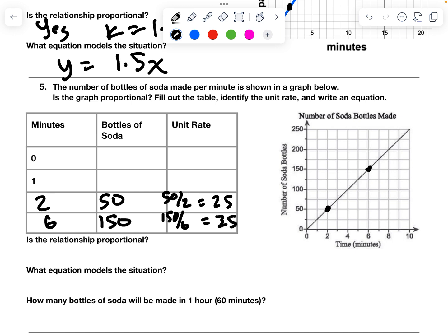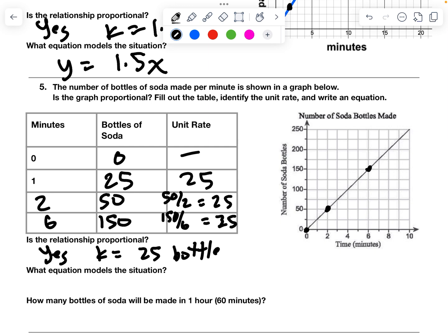So the bottling machine would make 0 bottles in 0 minutes and 25 bottles in 1 minute. So is it proportional? Yes. k equals 25 bottles per hour. Nope, not hour. Minute. The equation would be y equals 25x.